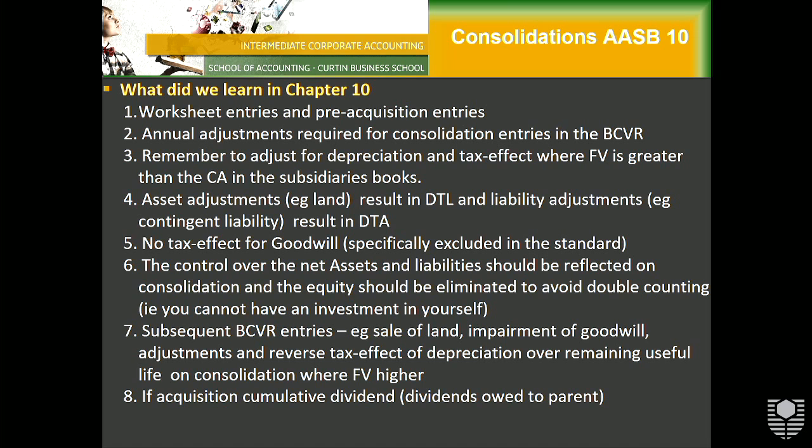We need to adjust for those dividends that are paid. And if it's 100% owned, it's the full amount of the dividends that we have to adjust for. All right, so this is where it starts to get tricky when you do other units. When you start looking at non-controlling interest, you're only accounting for 50%, 60, 70 or whatever it is you own.